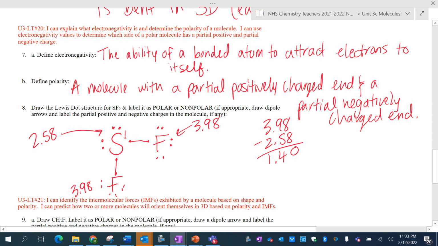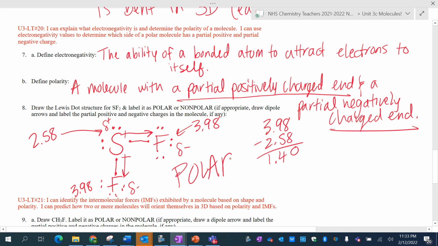So fluorine is the greedy one, so you point arrows at the fluorine, which means fluorine gets a partial negative and sulfur gets a partial positive. So does this have a partial positively charged end? Yes, and a partial negatively charged end, yes. So this molecule would be polar.